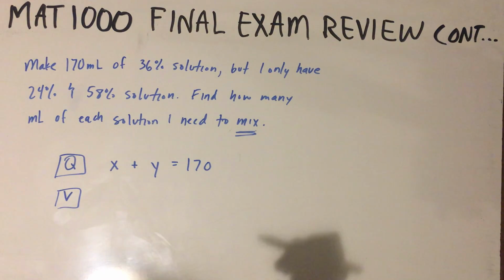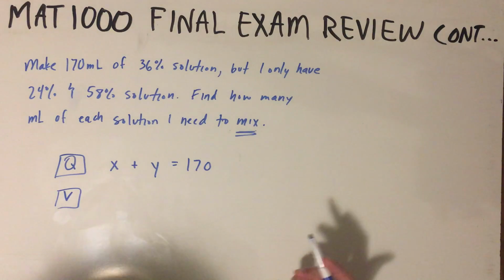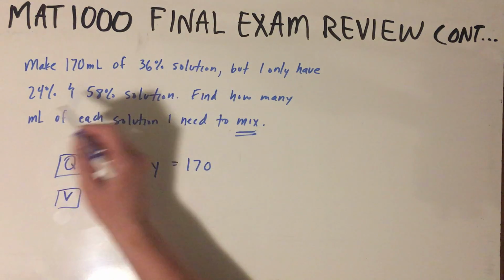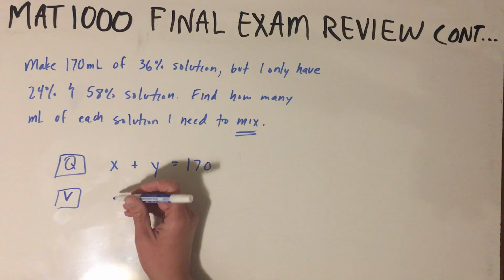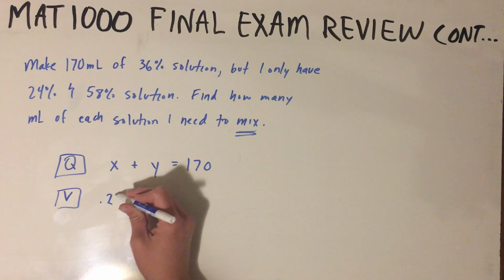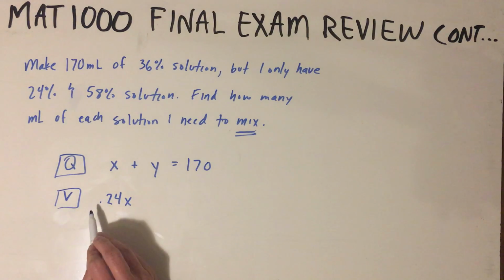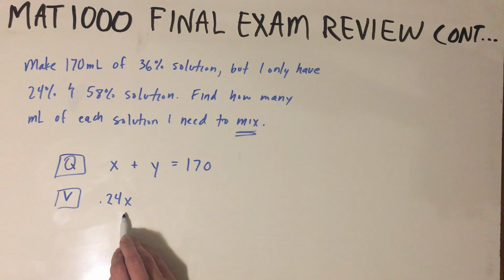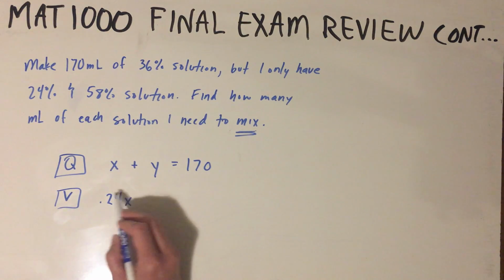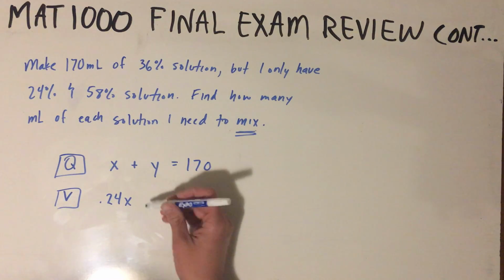And then my value statement is going to be the percent times the quantity. So I have some 24% solution. How much of that? I have no idea, but the 24% solution times the quantity of the solution is how much of that I will get.